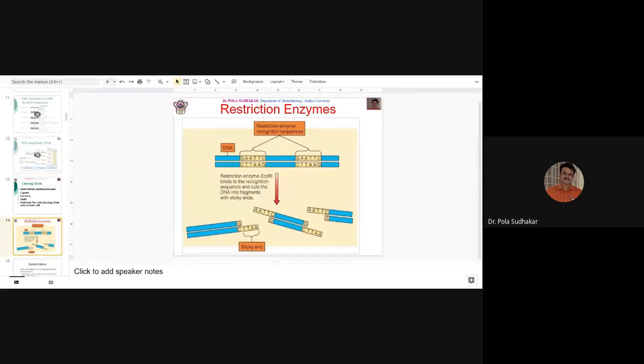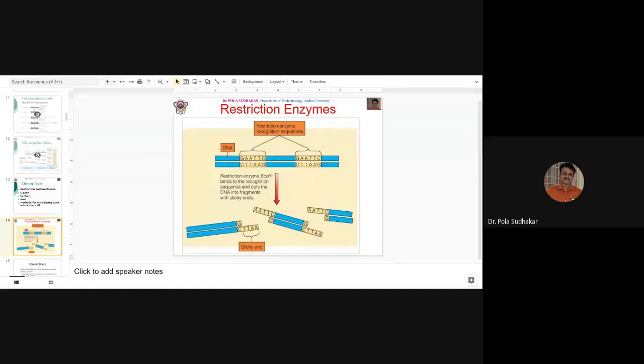These enzymes are also called molecular scissors, and the short lengths of DNA cut out by restriction enzymes are called restriction fragments. There are thousands of different restriction enzymes now, with over 100 different recognition sequences.